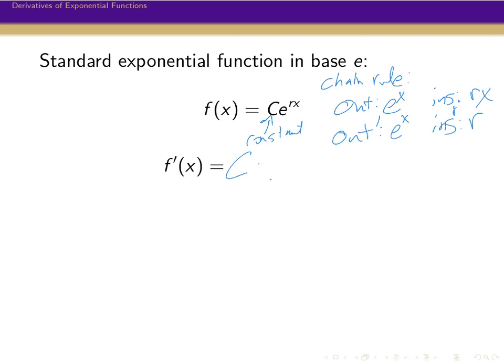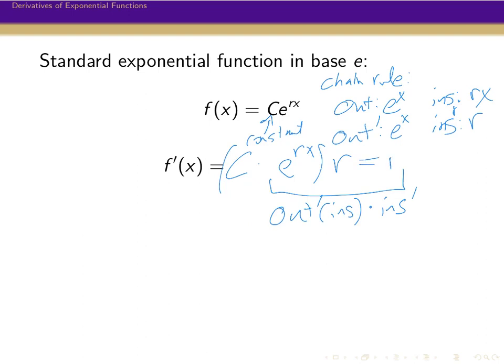And so the chain rule says it's going to be derivative of the outside with the inside plugged in times the derivative of the inside. And so that's going to give us derivative of the outside with the inside plugged in is e to the rx again. And then derivative of the inside is just r.